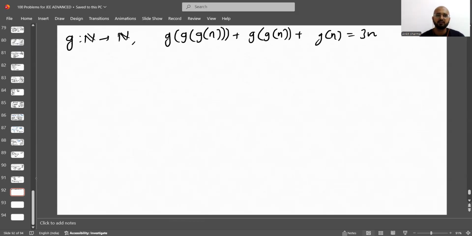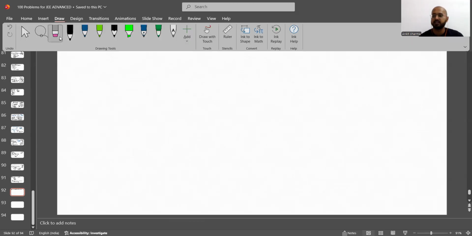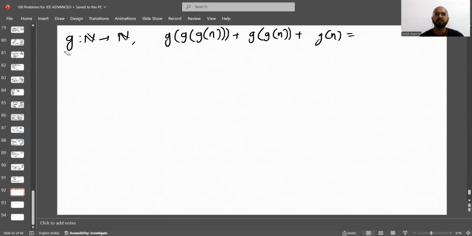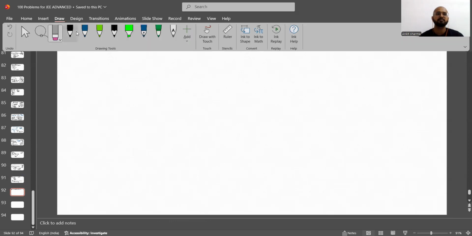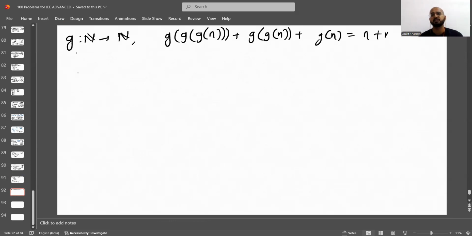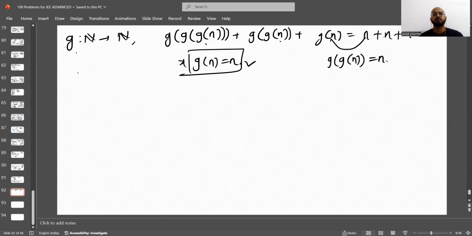So this is a sequence basically from natural to natural, and 3n we can split as n plus n plus n. If I take g of n is equal to n, then g of n is going to be n again, and this is also going to be n. So g of n equal to n satisfies this part.